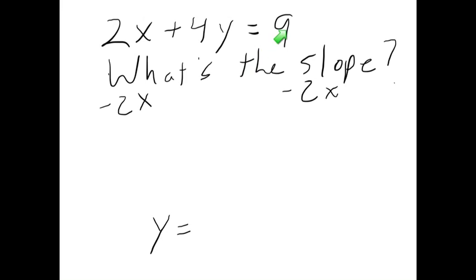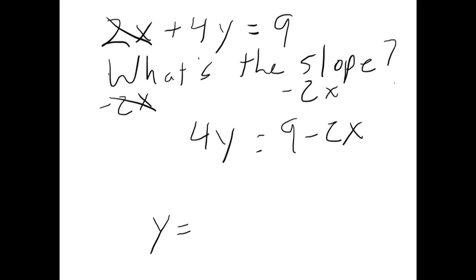Please notice that 9 and negative 2x, we're subtracting them, but they're not like terms. So they just get rewritten as 9 minus 2x. On this side, though, 2x and negative 2x, when we combine them, are like terms, so we have cancellation, leaving us just with 4y equals 9 minus 2x.